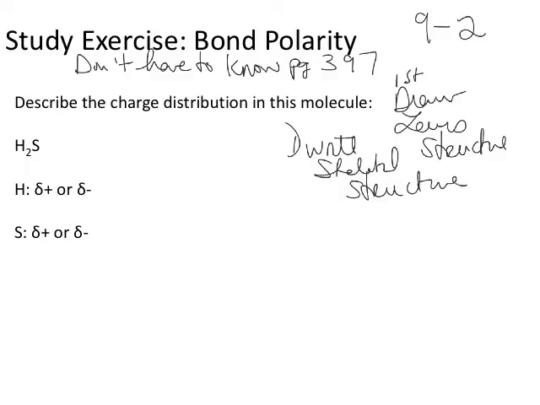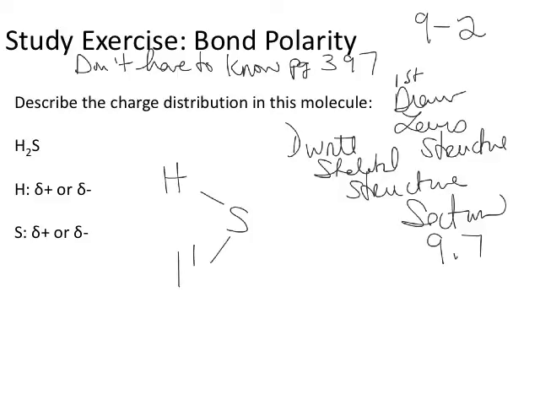Now, the steps to do this are in section 9-7 of your book. And so the first thing you're going to do is draw the skeletal structure, and hydrogen will never be your central atom, and you want to put the most electropositive element in the center. So in this case, you're going to have sulfur bonded to hydrogen. Hydrogen will always be a terminal.